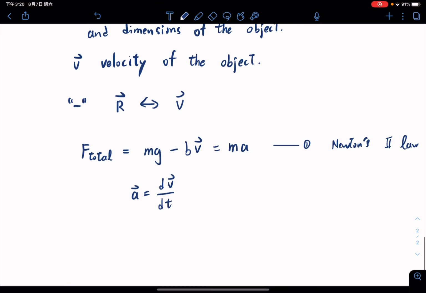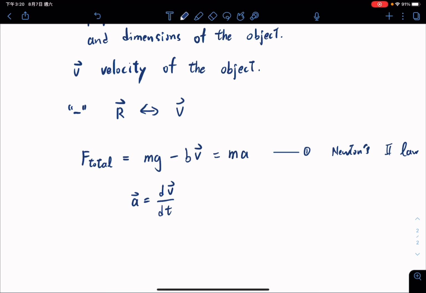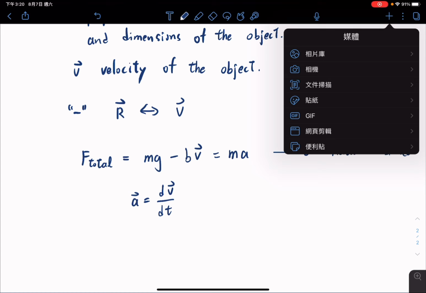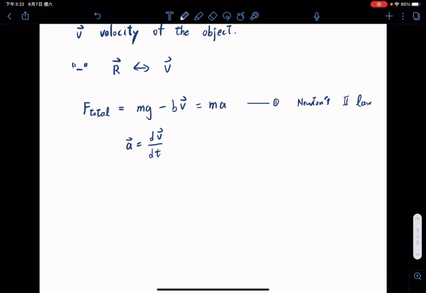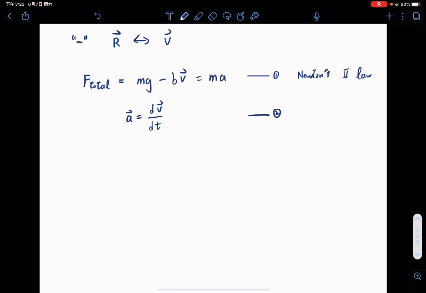We can substitute a with dv over dt in this second equation. Here is mg minus bv equal to m dv over dt.